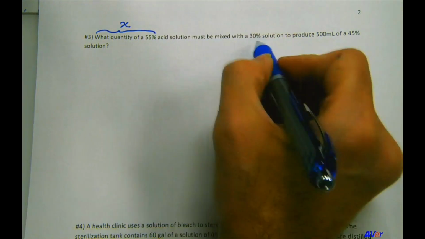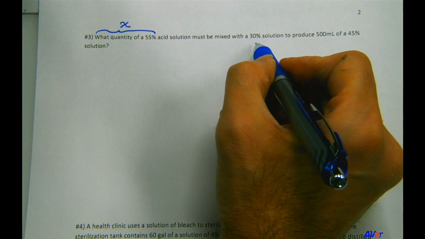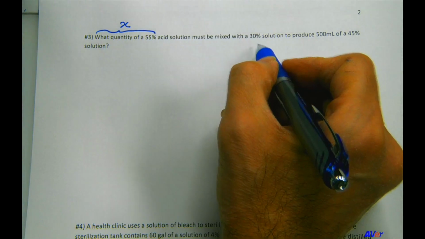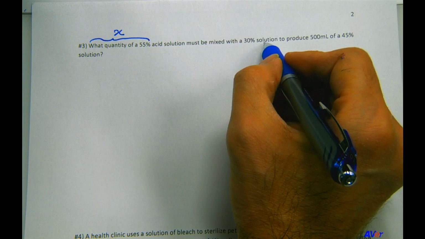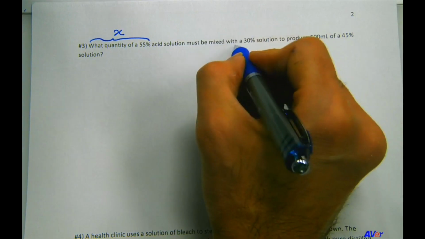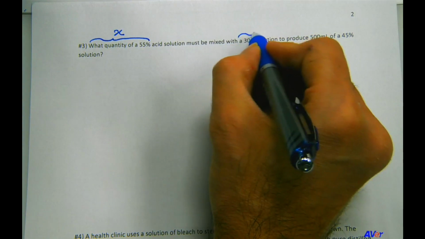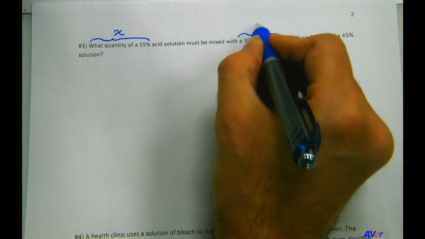Must be mixed with a 30% solution. But they don't tell us how much of the 30% solution, right? So mixed with a 30% solution, let's call that y, right?